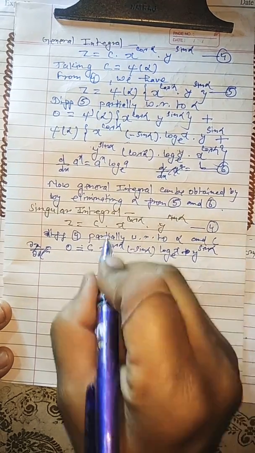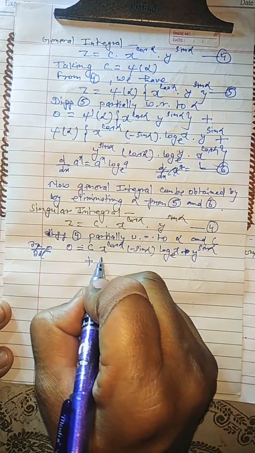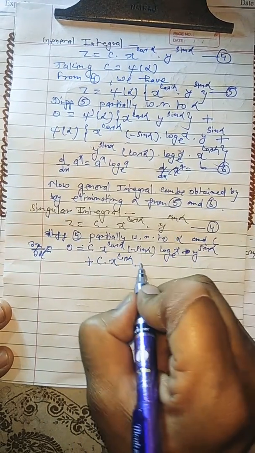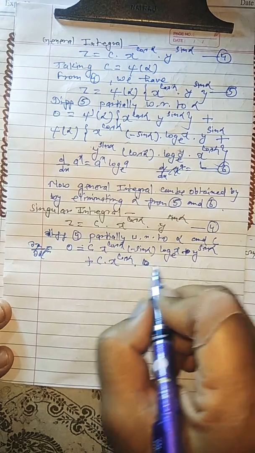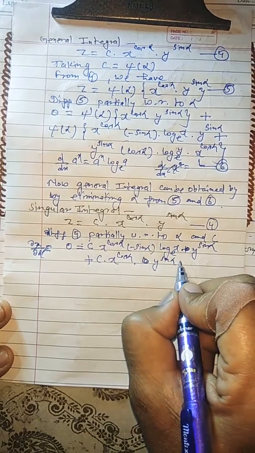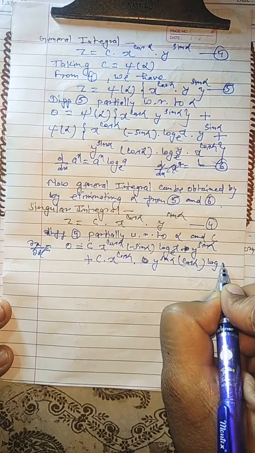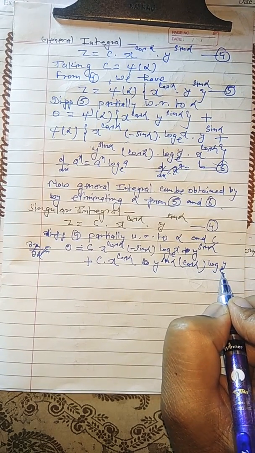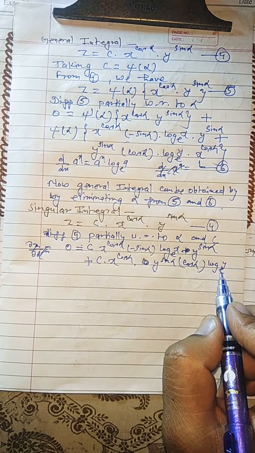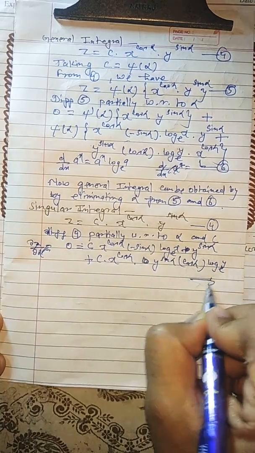We apply the product of two functions formula, plus differentiation of this term, that is c into x to the power cos alpha into y to the power sin alpha, and differentiation of sin alpha is cos alpha and log y to the base e. Okay, this is equation number 5.